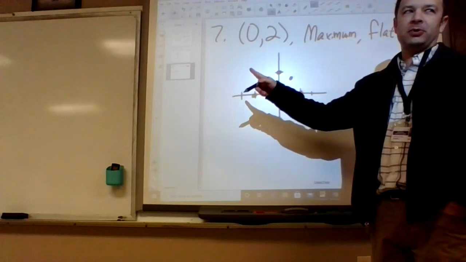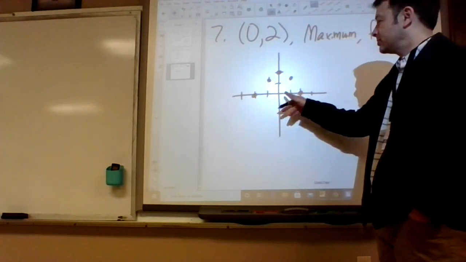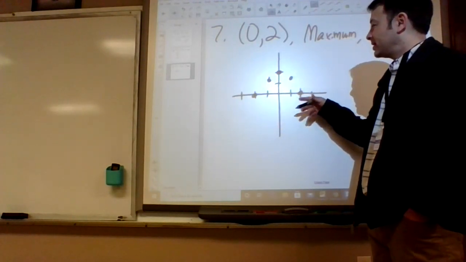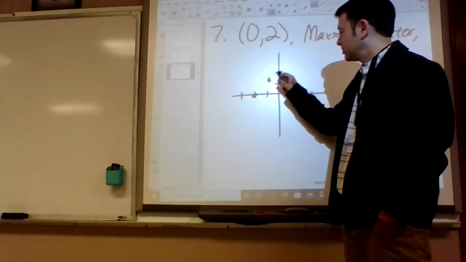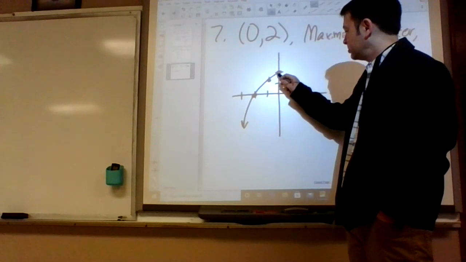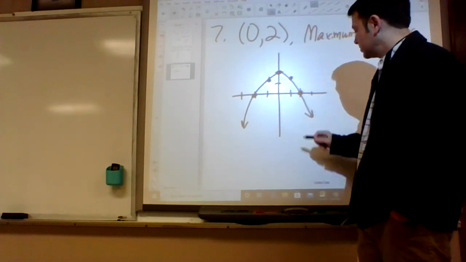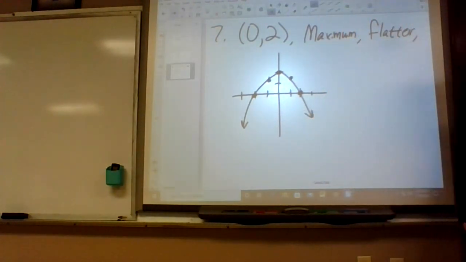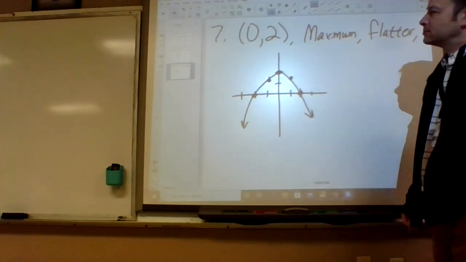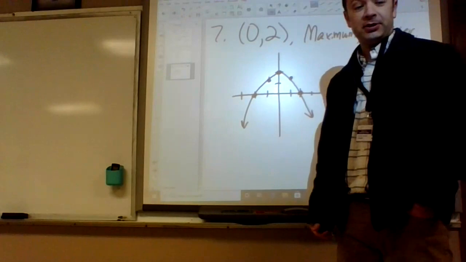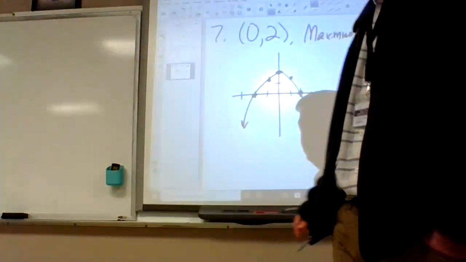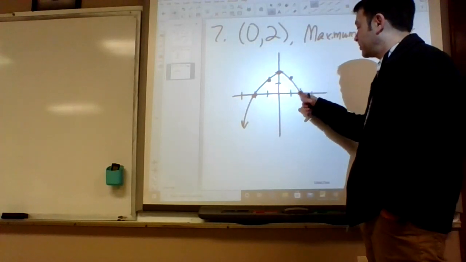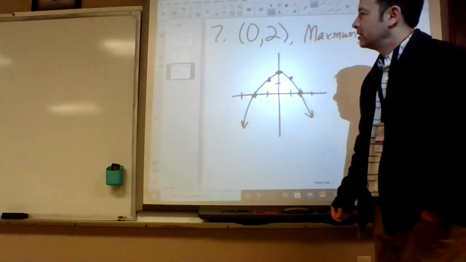Some of you, when I graded this, were just kind of guessing when you did your second points, unless you guessed right, of course. If it looks like a V, something's wrong. This one does look very close to a V, but it's not really. It is dropping off.